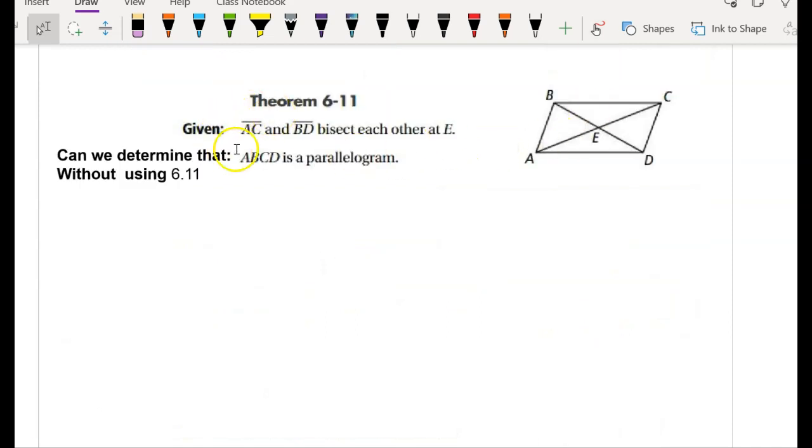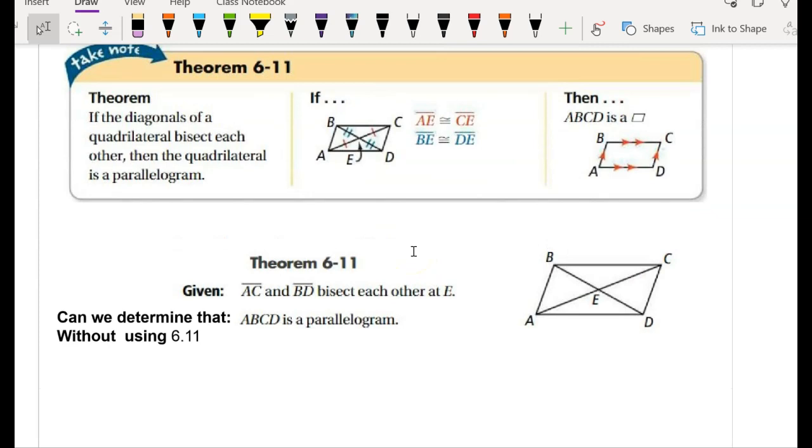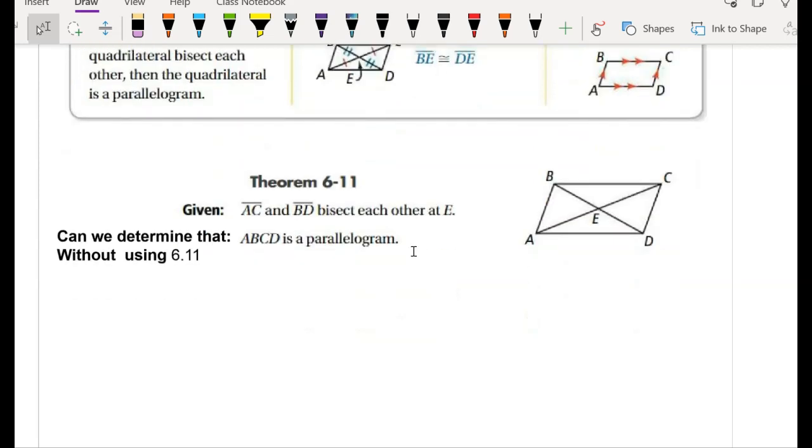Now we're given segment AC and segment BD bisect each other at E. Can we determine that ABCD is a parallelogram without using Theorem 6.11, without using the angle bisector theorem?